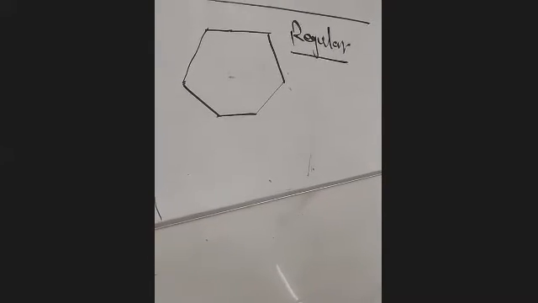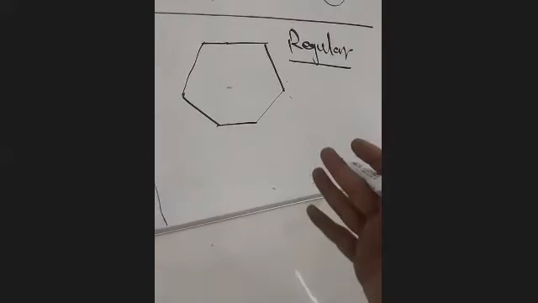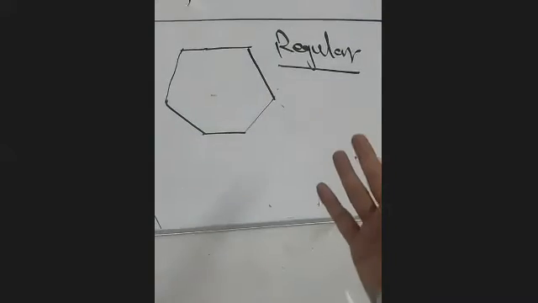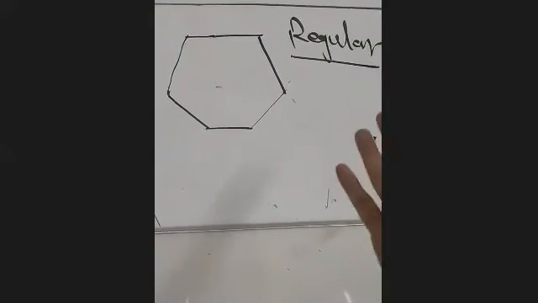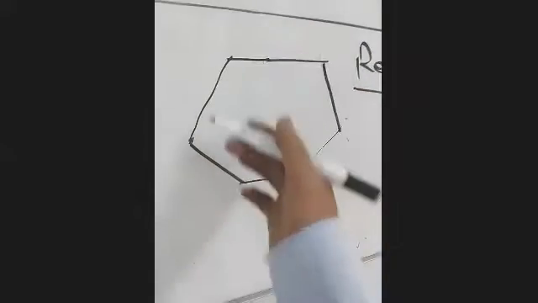All angles are equal. Excellent. I'm not talking about the meaning of regular in English or Arabic. I'm talking about the mathematical meaning. Regular means all the sides have the same length, right?